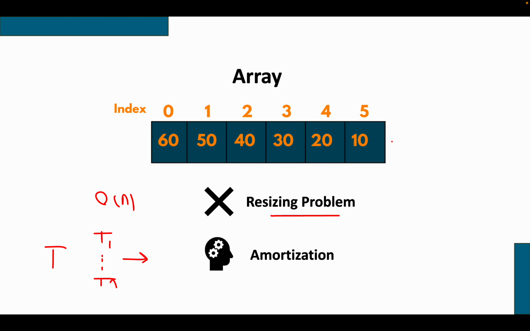It means that if the array A has size x, then each time that we want to resize it, we make it double. We make it 2x. And by this, the complexity of the algorithm will be controlled and we will overcome this resizing problem.